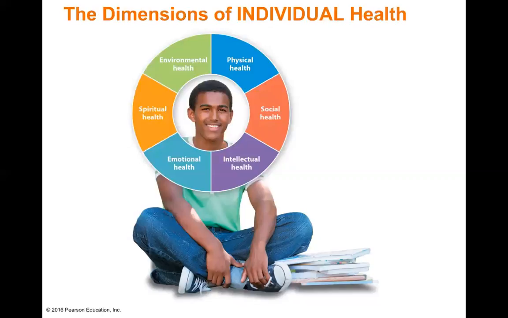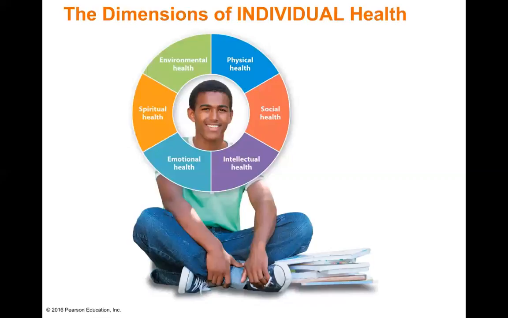Intellectual health, that's like going to school, doing puzzles, like really pushing your mind to think. And now emotional health, that is a little bit different. It's kind of similar to social health in a sense that you're impacted by what other people are thinking and your environment. But emotional health is more personal in how you are handling that.